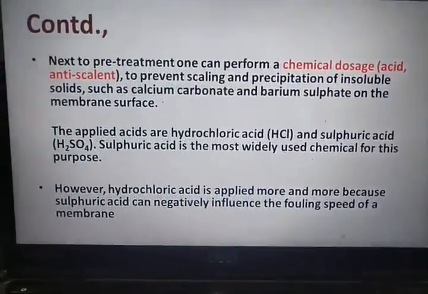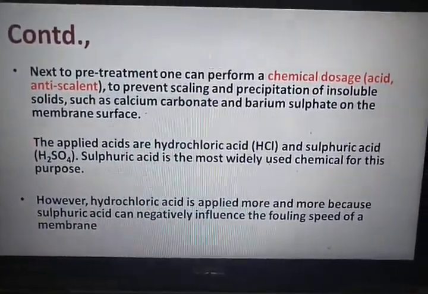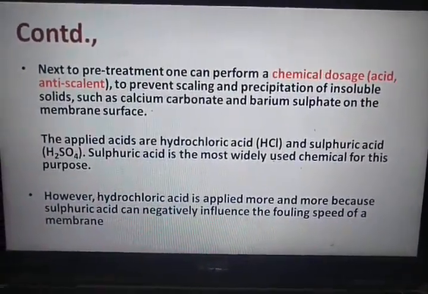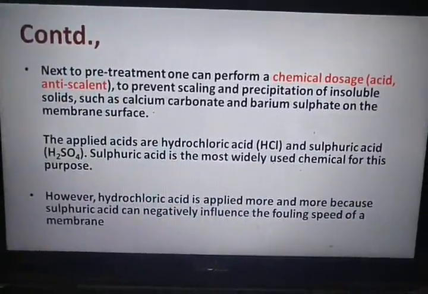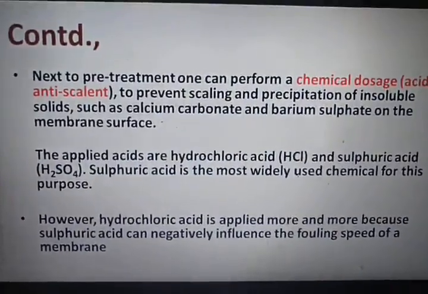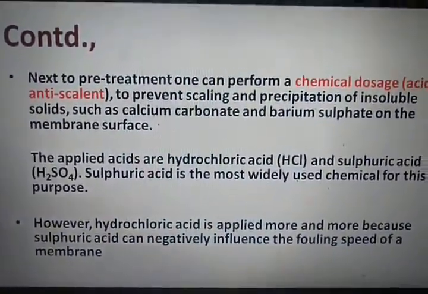Okay, so next to pre-treatment, we can perform a chemical dosage of anti-scalant to prevent the scaling and precipitation of soluble solids such as calcium carbonate and barium sulfate on the membrane surfaces. Scaling happens on the membrane due to the deposition of hardness-causing minerals and other chemicals present in the water.